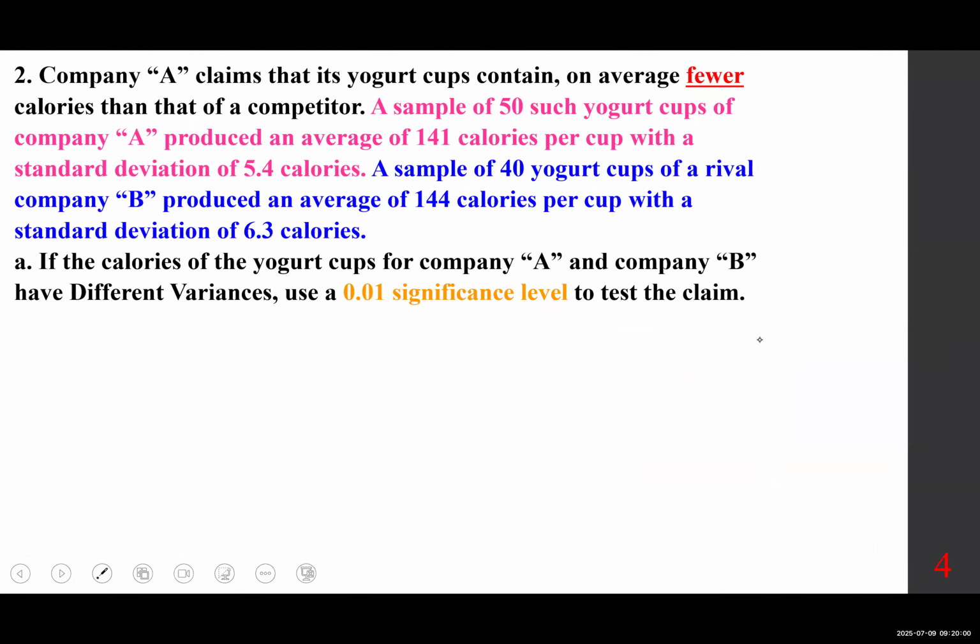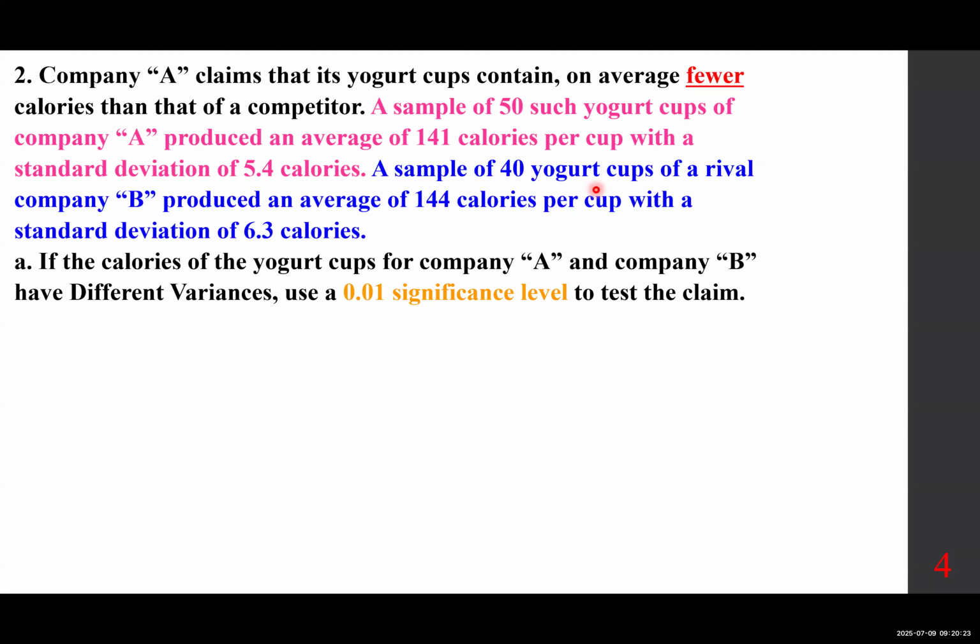All right. Here's the second question. Company A claims that its yogurt cups contain, on average, fewer calories than that of a competitor. A sample of 50 such yogurt cups of Company A produced an average of 141 calories per cup with a standard deviation of 5.4 calories.